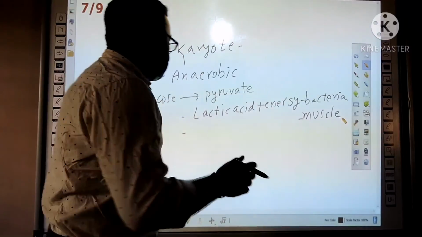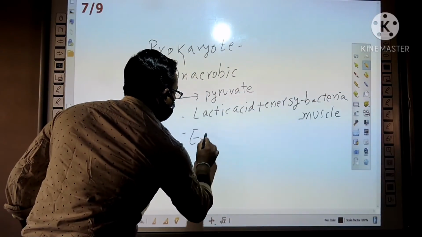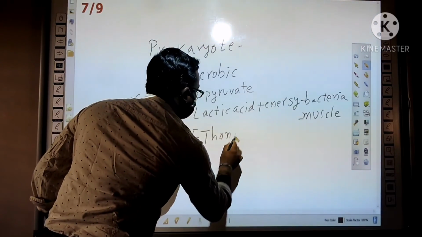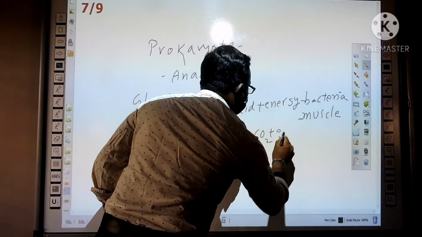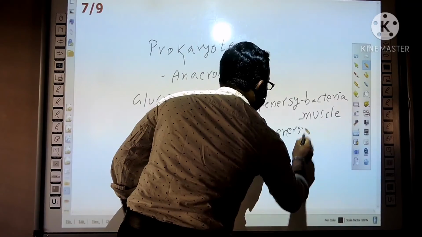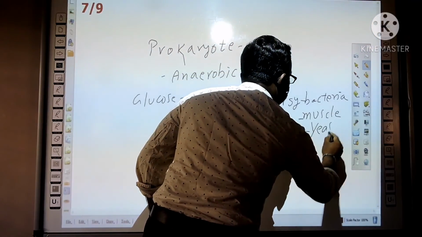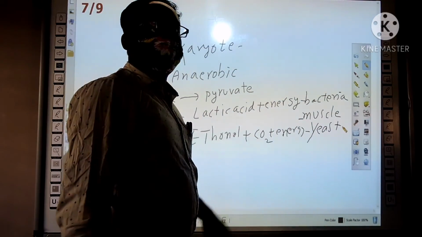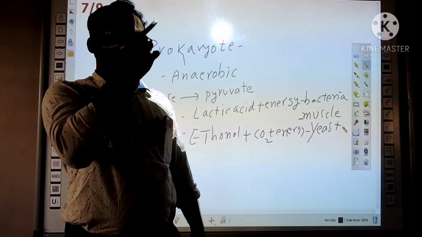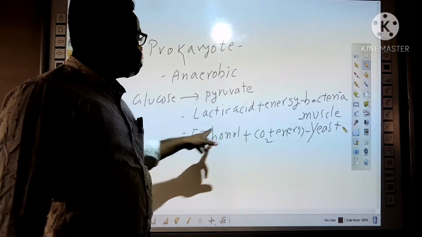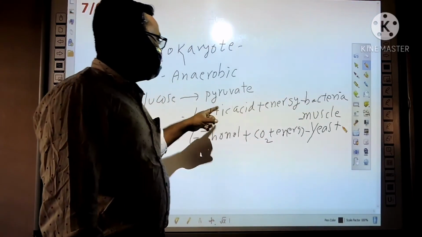In some organisms, ethanol is produced. Ethanol, carbon dioxide, and energy are produced. Example, yeast. Do you know about yeast? It is used in bakeries to produce bread. So the yeast converts the glucose to ethanol, and the bacteria convert it into lactic acid.